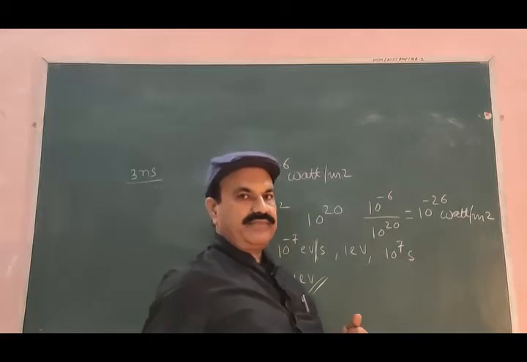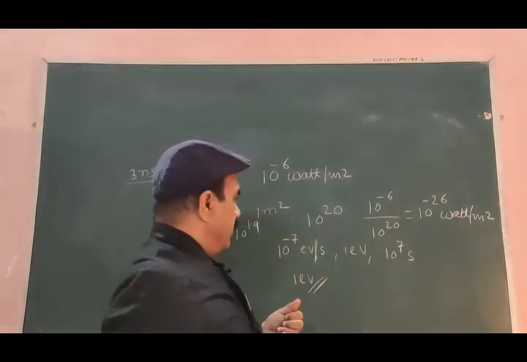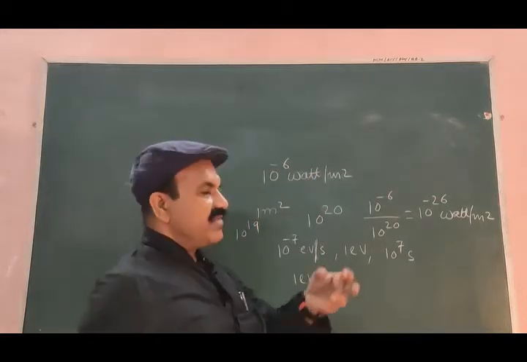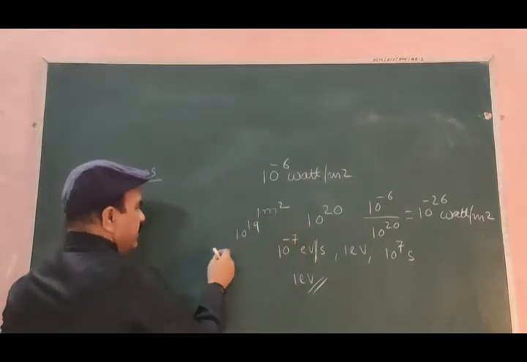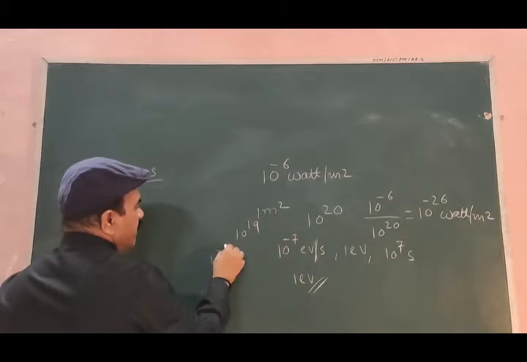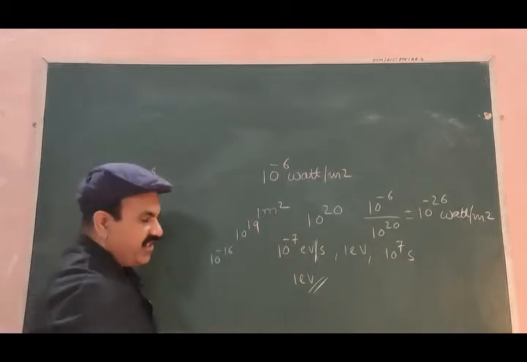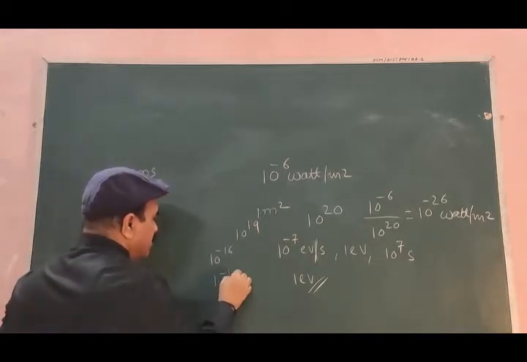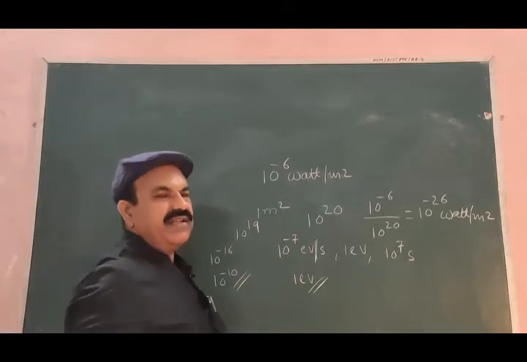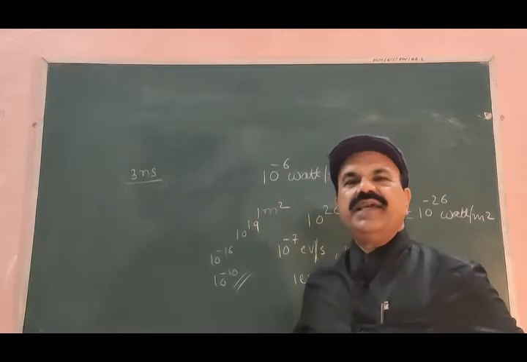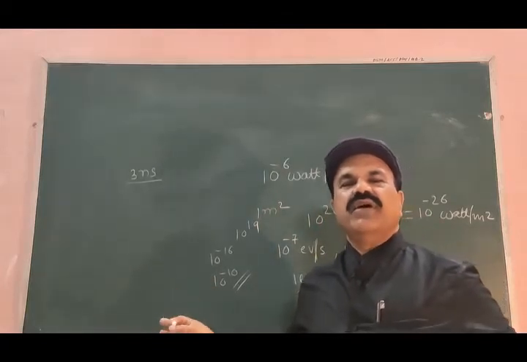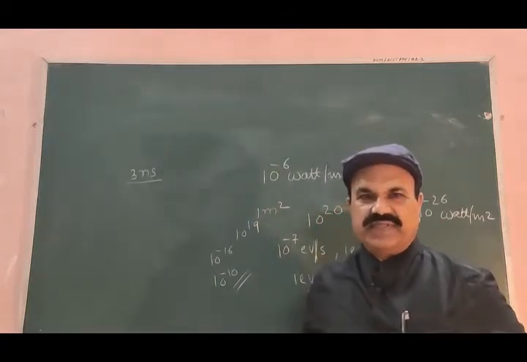One more thing, if we consider some sort of resonance is occurring there, the energy acquired may be at the most 10 to the power minus 16 or at the most 10 to the power minus 10, which is much smaller than the observed energy of the photoelectrons.